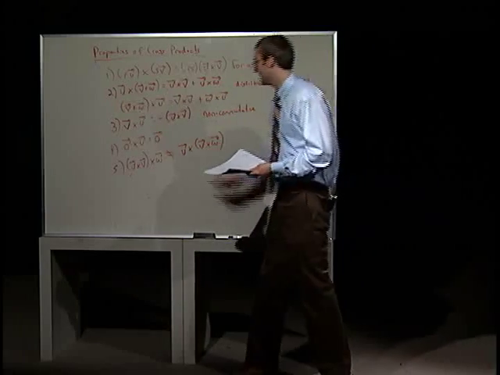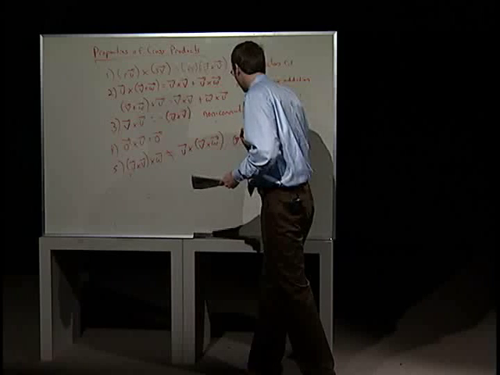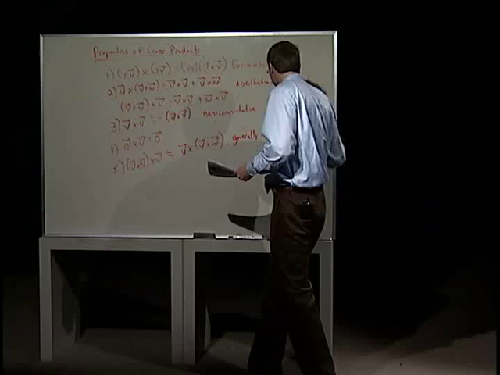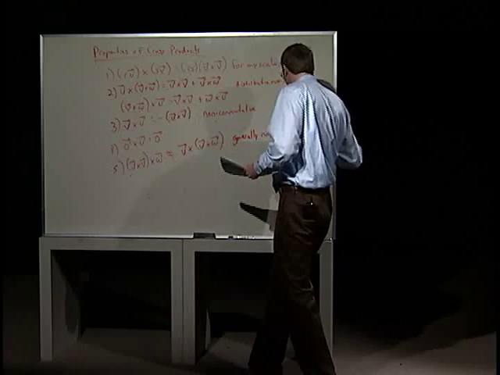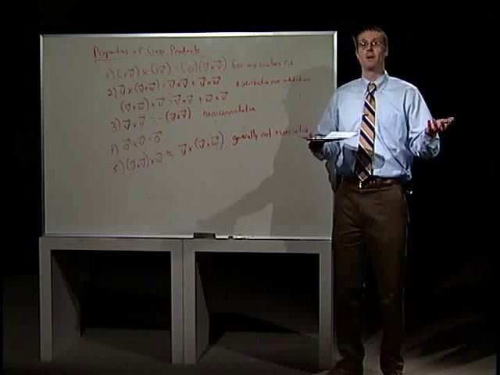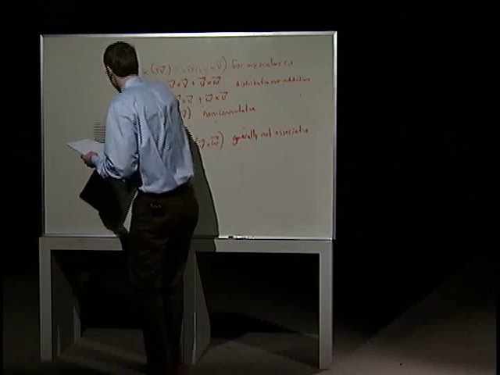Everything is vectors here, but in general, these are not associative. Okay. So those are the properties. Now comes the important part. How do we calculate cross products?